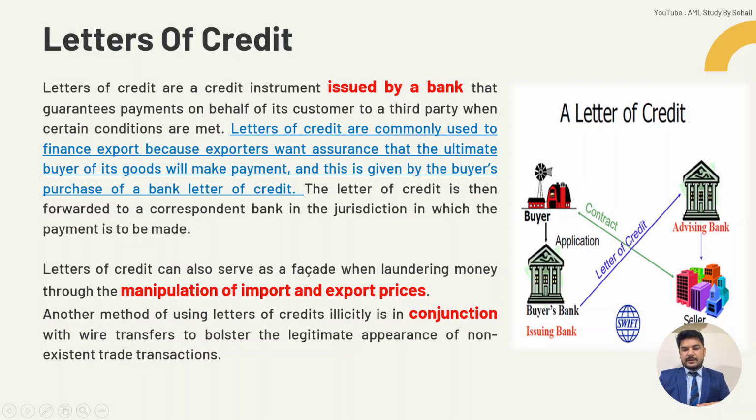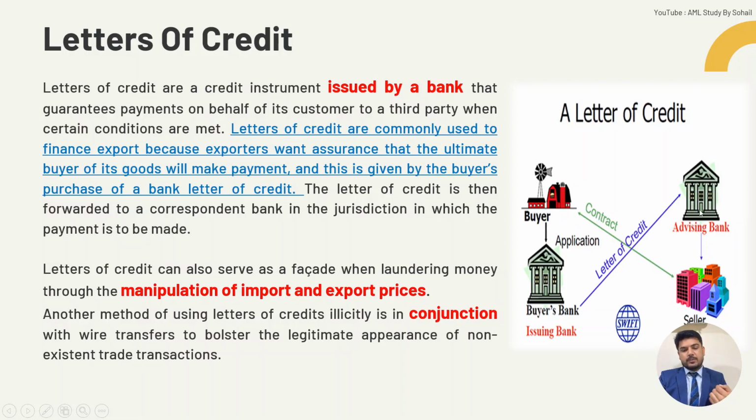Like here is a buyer and here is a seller. There is the advising bank of the seller, and here is an issuing bank. This bank is linked with the buyer.